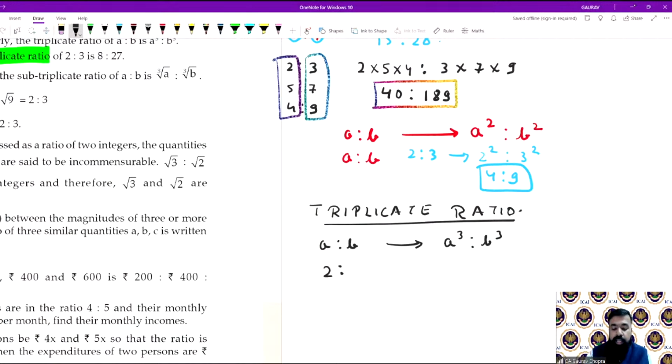If 2:5 is the given ratio, then its triplicate ratio will be 2 cube ratio 5 cube. So 8:125 becomes the triplicate ratio.